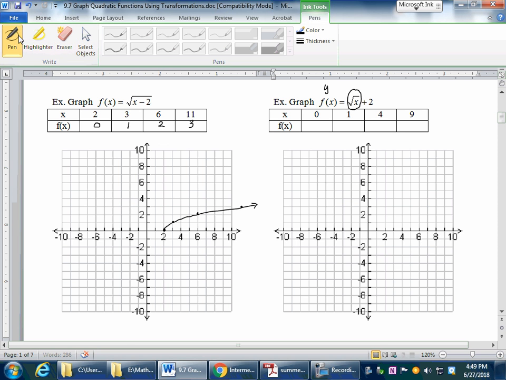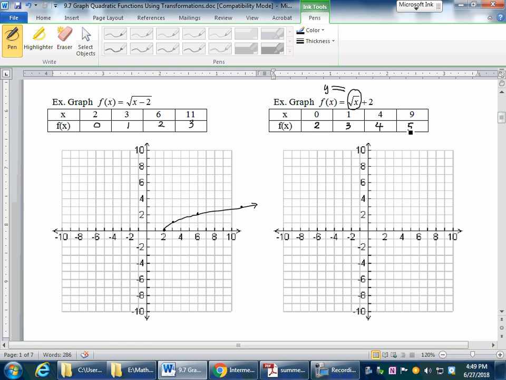If I'm adding 2 to my y value, what's going to happen? Let's take a look. At 0, square root of 0 is 0, 0 plus 2 is 2. Square root of 1 is 1, 1 plus 2 is 3. Square root of 4 is 2, 2 plus 2 is 4. Square root of 9 is 3, 3 plus 2 is 5.